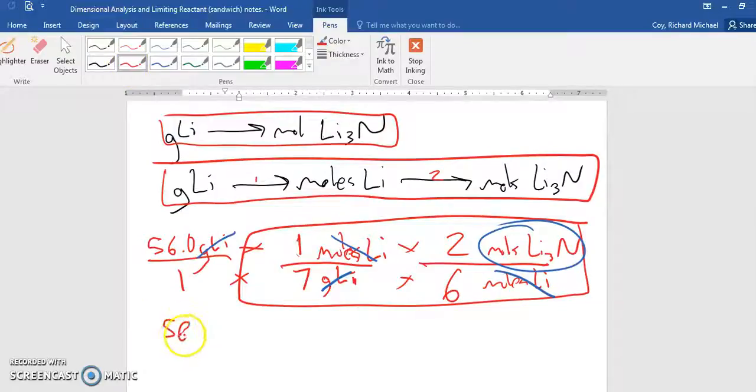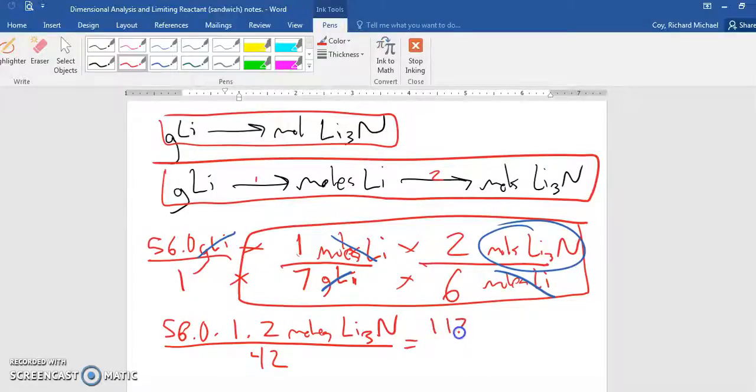So now I can move forward. It's 56.0, no units, times 1, no units, times 2, yes units, moles of lithium nitride, all divided by 7 times 6, 42. End up with 56 times 2, 112 moles of lithium nitride over 42. I don't know what that works out to mathematically.